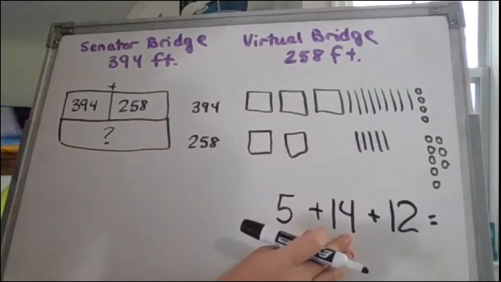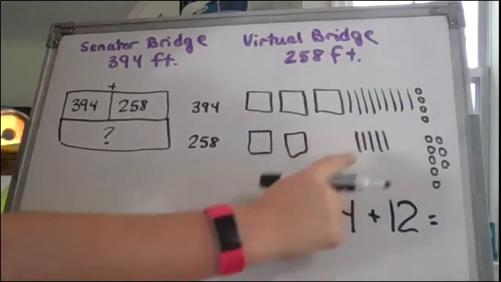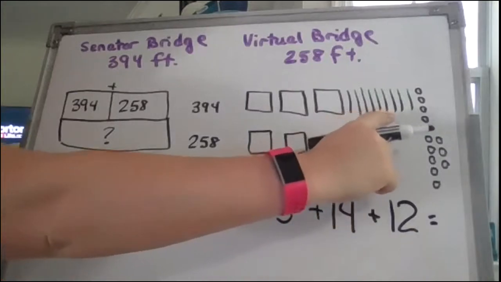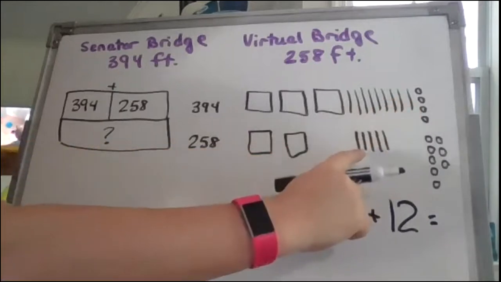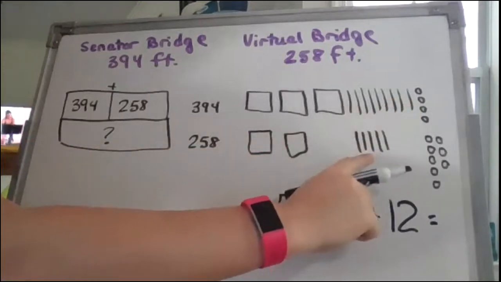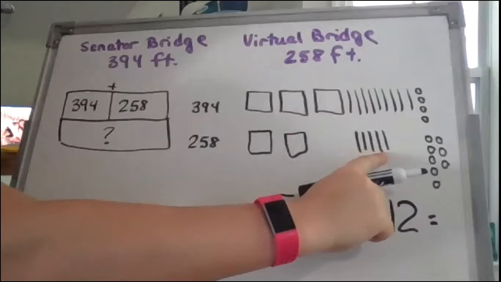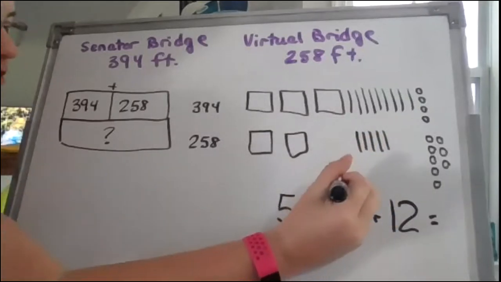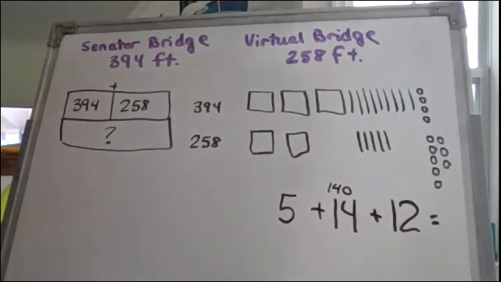So look at the number 14. If I have 14 tens, and I think of this as tens, let's count. 10, 20, 30, 40, 50, 60, 70, 80, 90, 100, 110, 120, 130, 140. So really, think of it as 140, right?